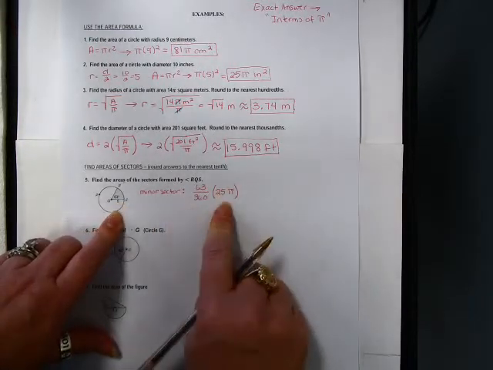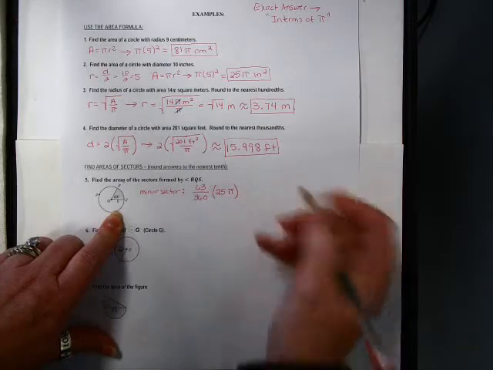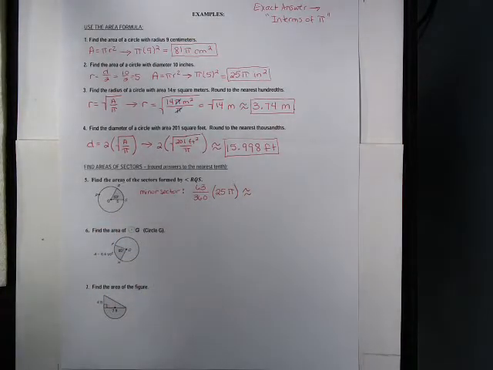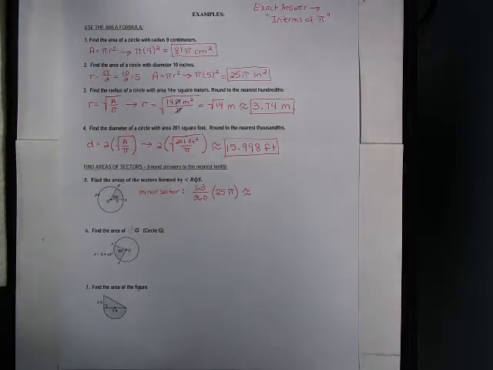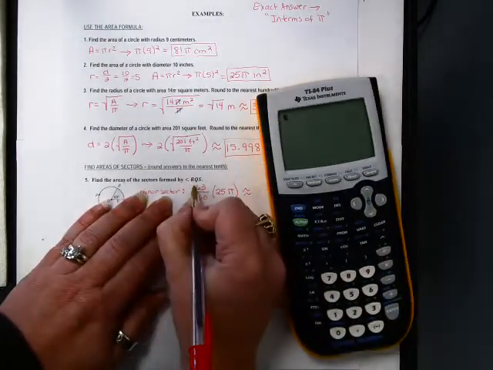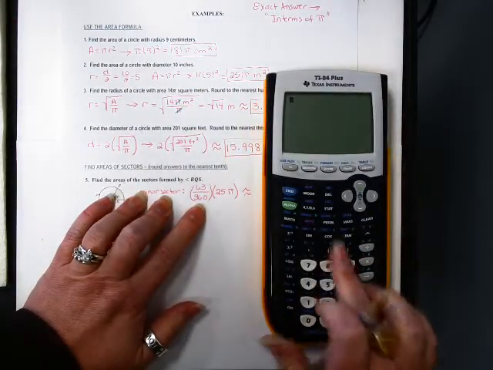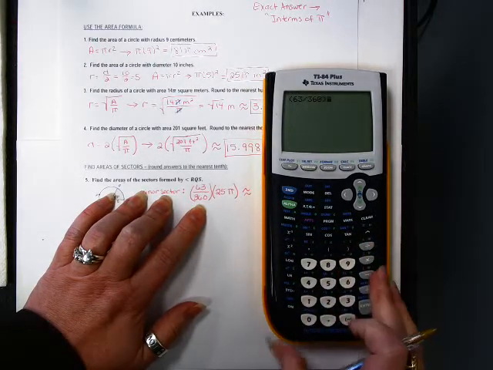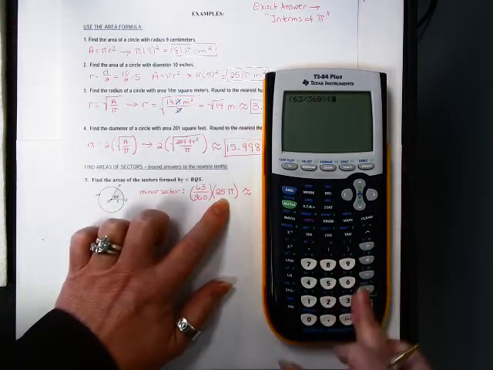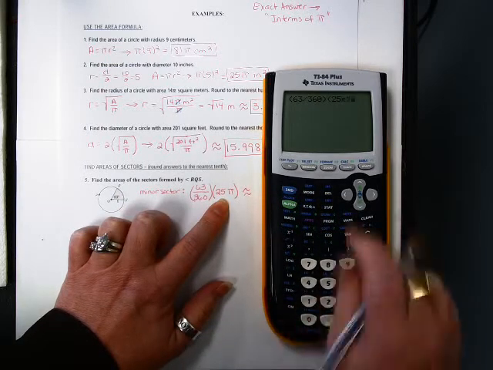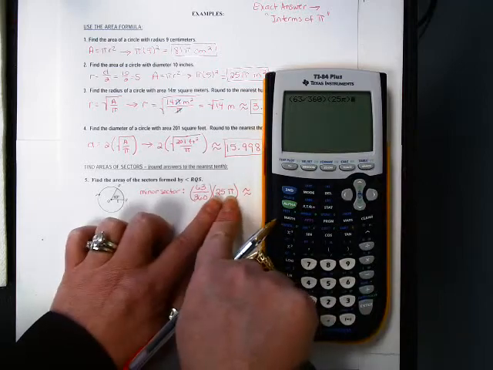Now I plug this into my calculator. You put this in parentheses, that's going to be 63 divided by 360, and then parentheses 25 pi, close parentheses. So I type it in just like you see it.